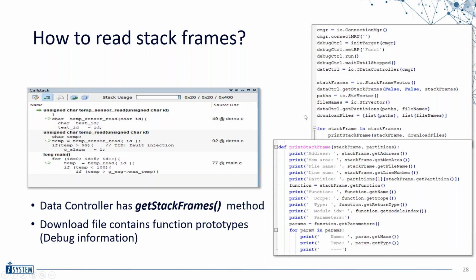So we can analyze with the stack frame for each call stack context, what are the local variables, what is the stack usage, etc. This can be done with this example, which analyzes the stack frames, and it prints out the local variables that are stored inside the stack. So if you want to see the call hierarchy and the previous local variables of that call stack context, we can use this example of the Python script.